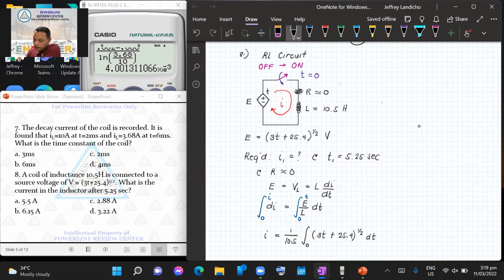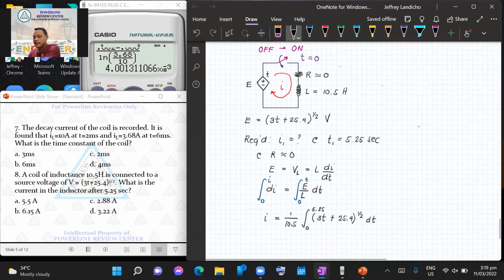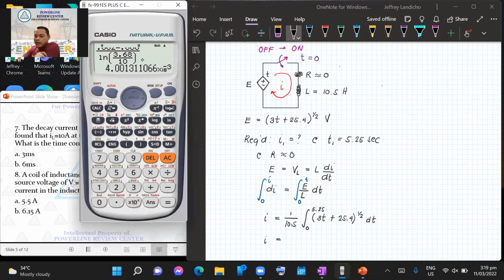From 0 to anong limit of time? 5.25 seconds. So that would be now the corresponding current in this circuit after 5.25 seconds, the current in the inductance. So pwede na natin ipasok dyan sa ating integration.